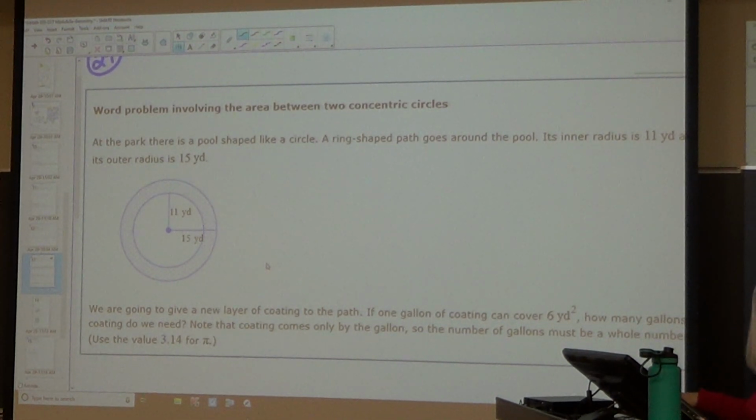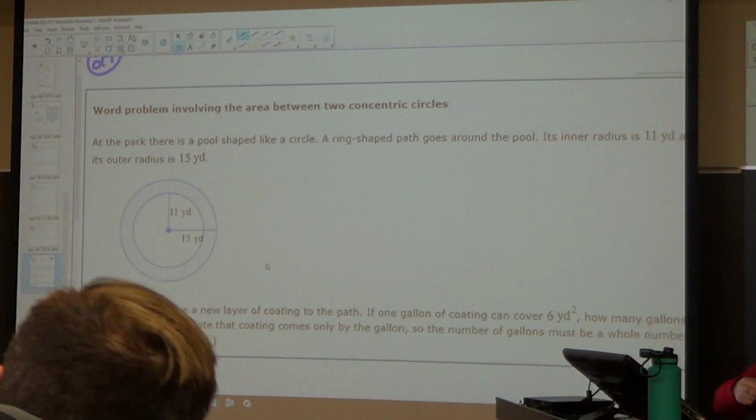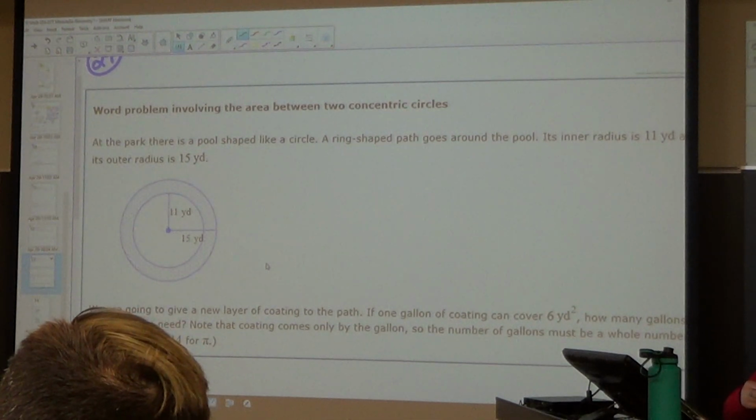What shapes do you see? Almost. Hold on, let me cut it.